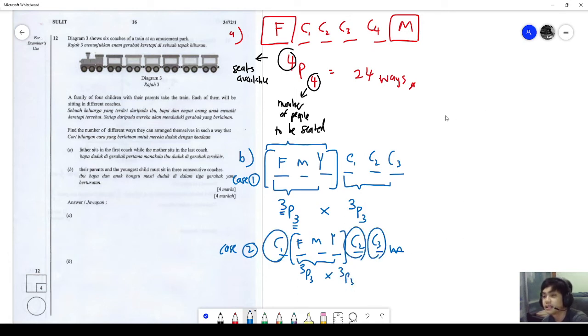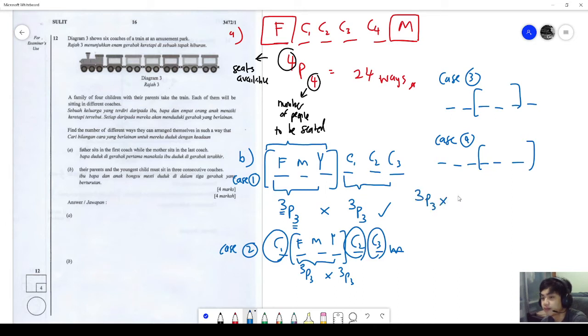You'll notice that this pattern repeats in another case where I push the position a bit further, and for case 4 where I push this position to the edge. So there are 4 cases, but the way you count is the same. So we can just take it as 3P3 times 3P3 multiplied by 4, because there are 4 cases in which this happens. So there are 144 ways in which this can be arranged, and this will be our final answer.